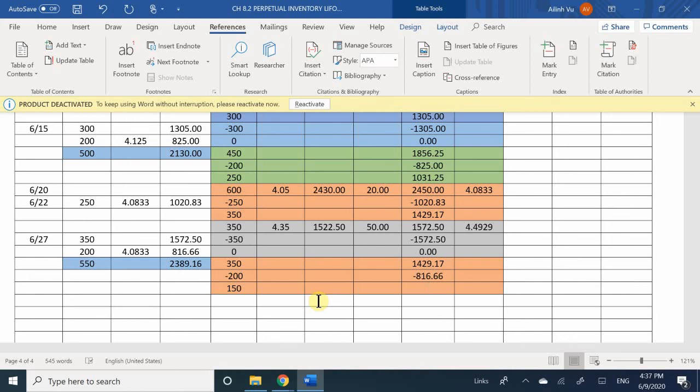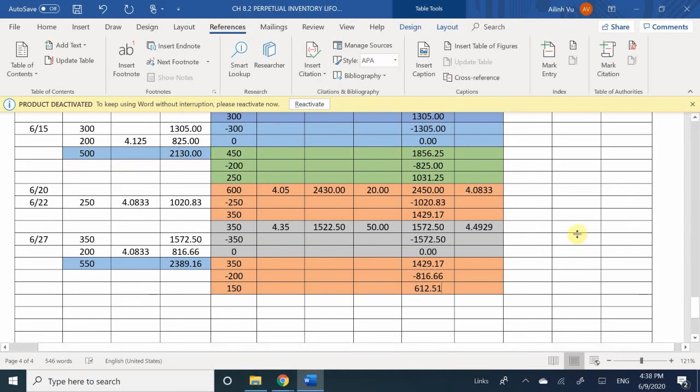We got $612.51. 612.51. Whoa, that looks familiar. Where does that number come from?